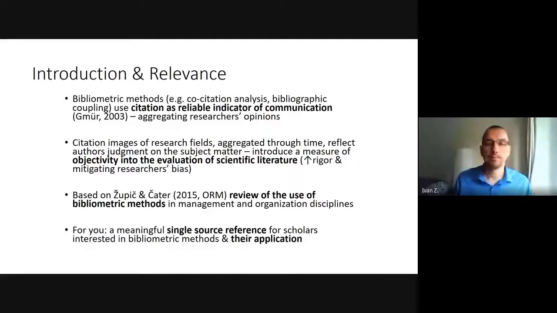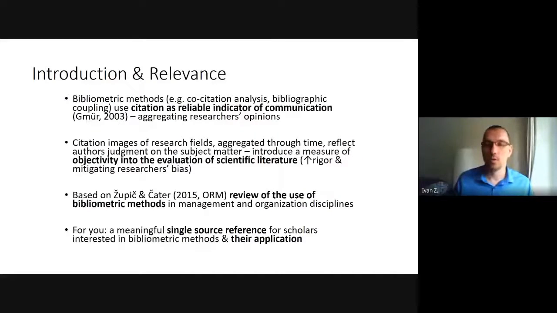And the number of publications in a field is increasing. For most fields, it has become very difficult to conduct a traditional structured literature review, especially if you don't focus on one very specific theme within the research stream. Just to give you an example, for corporate social responsibility alone, there were about 900 articles published last year.